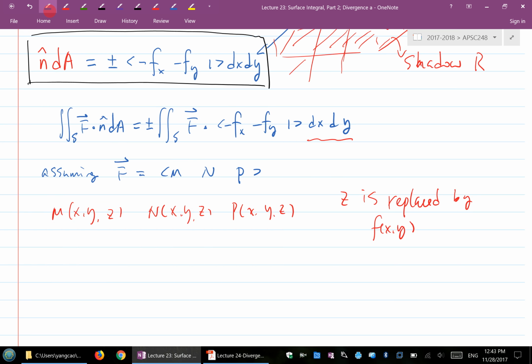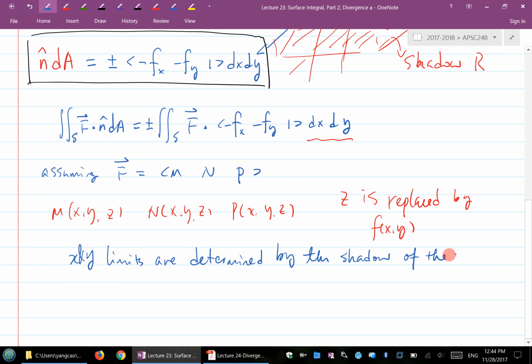The formula probably won't tell you, but you have to remember the x and y limits are determined by the shadow of the surface in the xy plane. So that's how you can determine the xy limits here.